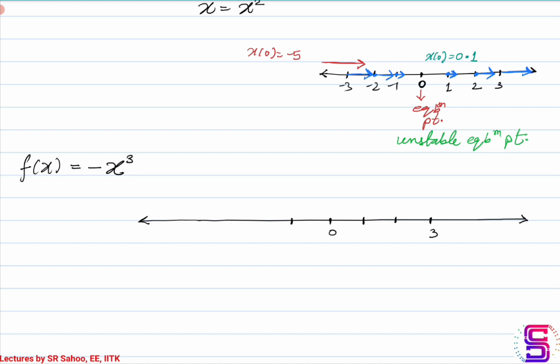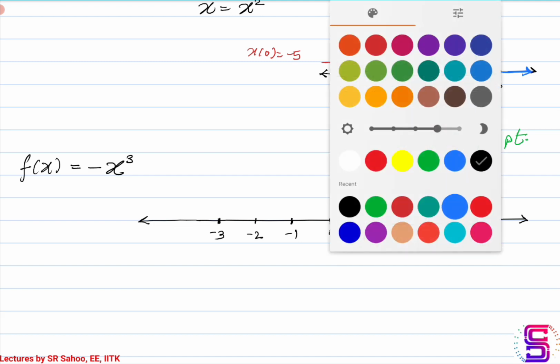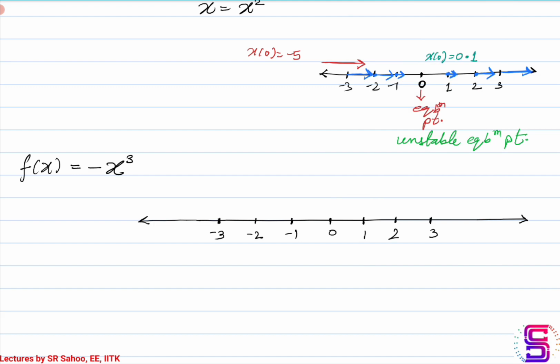This is -1, -2, and -3. This is what we have, the points. Now let's see what happens. At x equal to 0, x dot is 0. Right? So 0 is the equilibrium point.